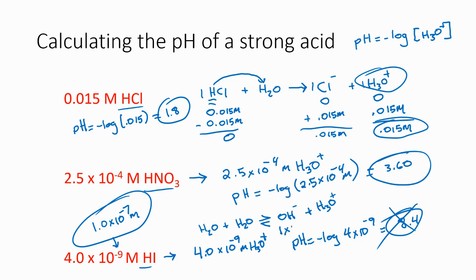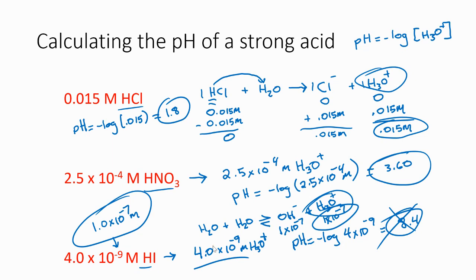Most of the time they don't matter, but they're both 1 times 10 to the minus 7 molar. Well, when you have a very dilute solution of acid like we do here, the amount of H3O plus that you get from pure water, 1 times 10 to the minus 7, is actually greater than the amount that you get from the strong acid, hydroiodic acid, 4 times 10 to the minus 9.